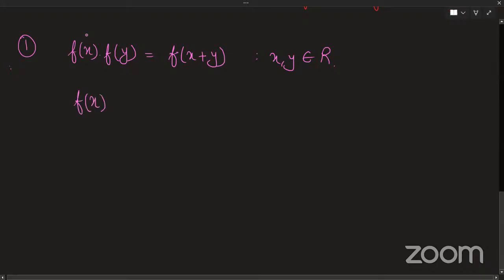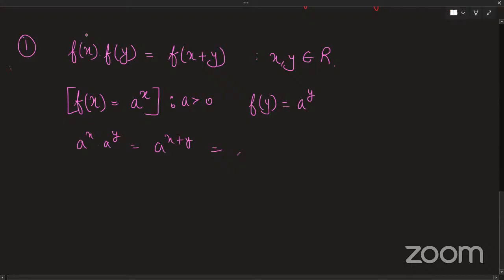I will tell you: f of x is equal to a raised to x, where a is positive. You can try this also. f of x is a raised to x, so f of y will be a raised to y. So a raised to x into a raised to y is a raised to x plus y. So I can say that it is equal to f of x plus y, which is a raised to x plus y.